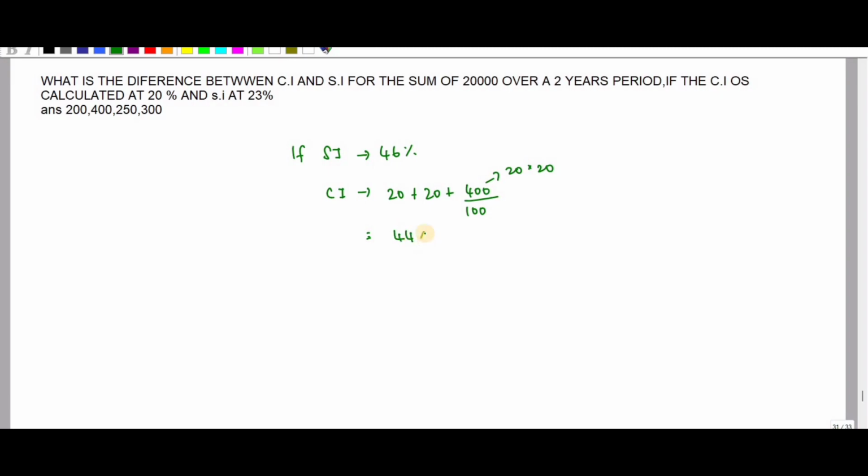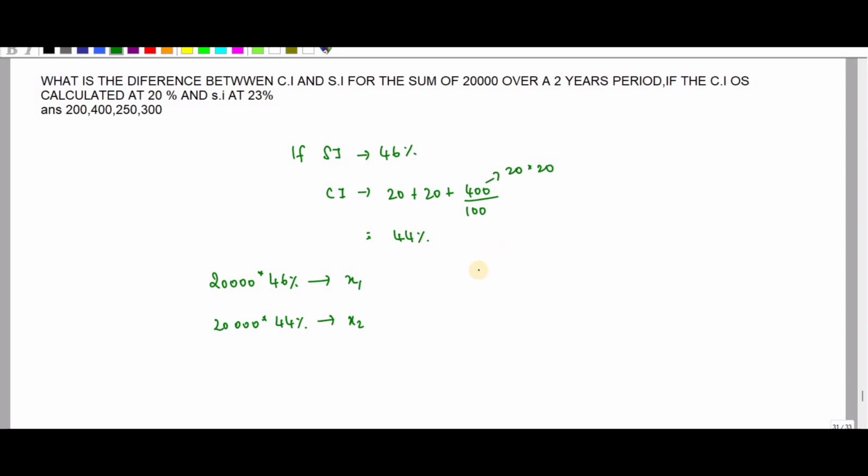If I multiply 20,000 with 46%, I'll get one amount. And if I multiply 20,000 with 44%, I will get another amount. This is amount 1, this is amount 2. They are asking for the difference between those amounts.